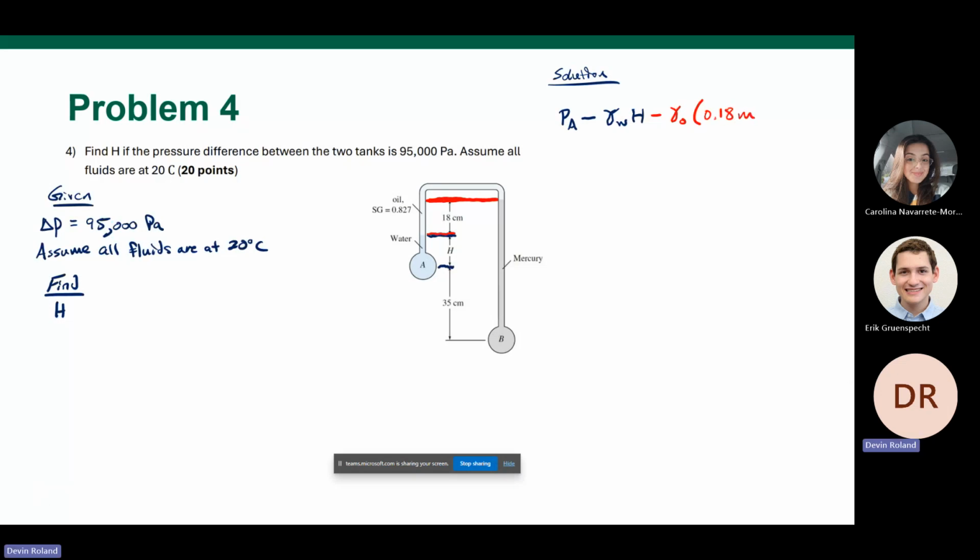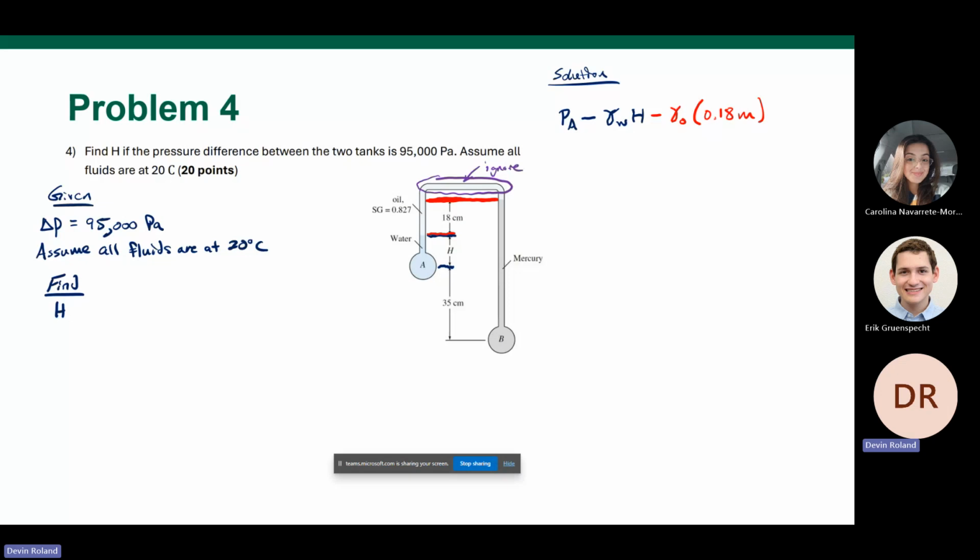I just switched the units there from centimeters to meters. And this top portion up here, let me change color again. This portion here we ignore because we're not changing fluids. The interface of the mercury is on the other side below that, so we just ignore the top portion.